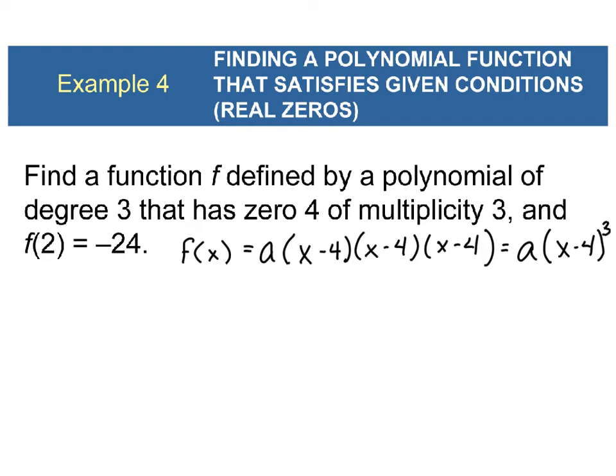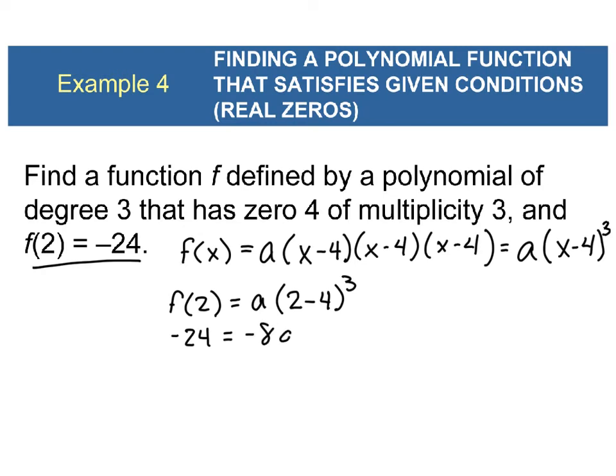There we go. So now what I'm going to do is find my value of a. I'm going to say, well, f of 2 is equal to a times 2 minus 4 cubed. f of 2, well, that's negative 24, because that's what we're given. And this right here is negative 8, negative 8a. And a is equal to 3.